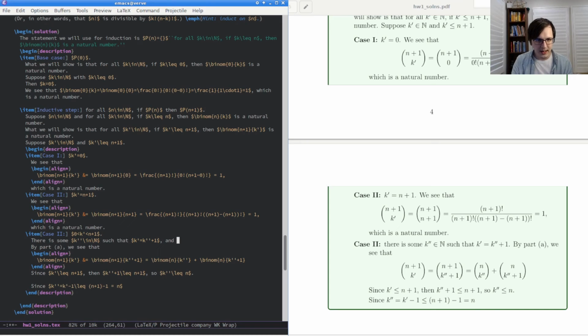And what do we know about it? Well, we know that since we're just subtracting 1 from k prime, that we have 0 is less than or equal to k double prime is less than or equal to 2.